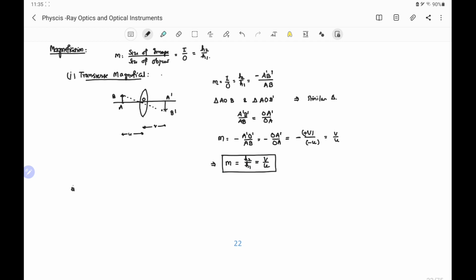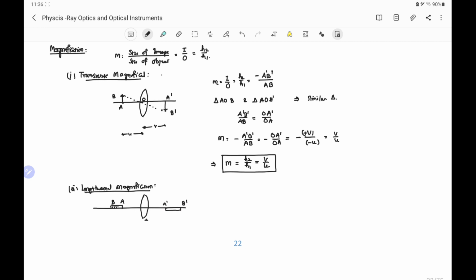Another one is longitudinal magnification. When the object is placed along the principal axis, that means the lens is the biconvex lens and the object AB is placed along the axis. So its image will be formed on the right hand side with A dash B dash.